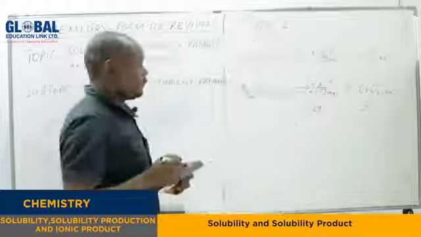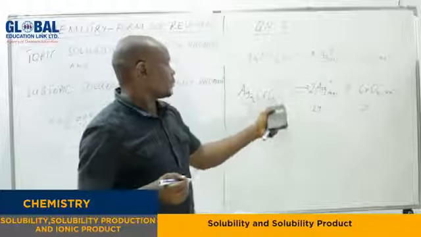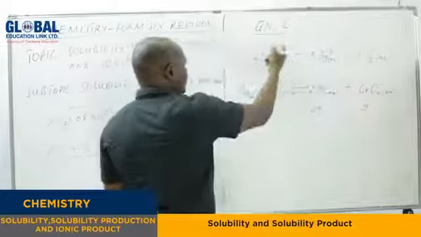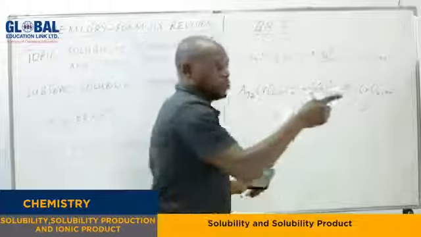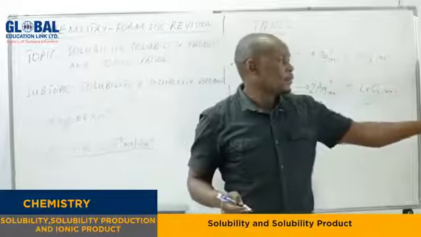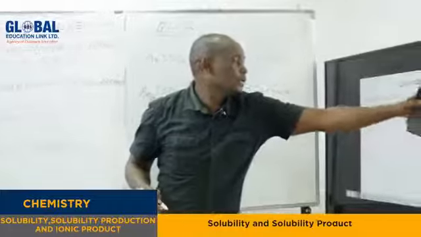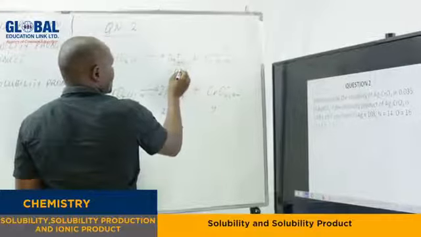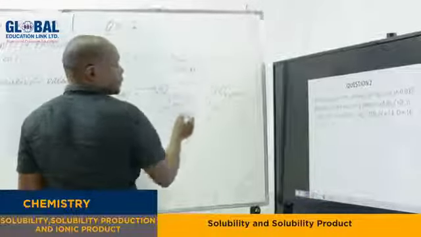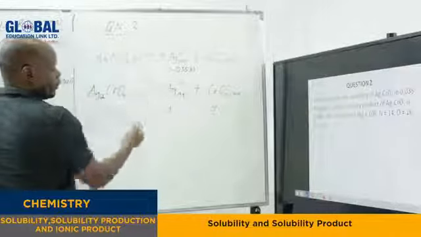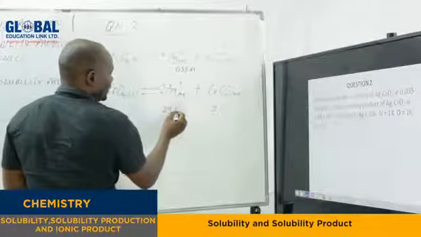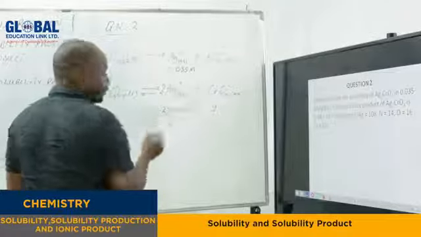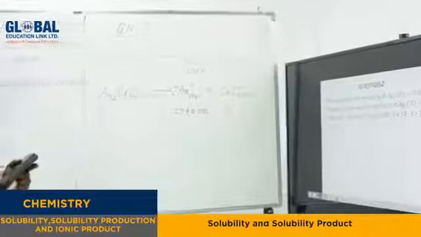Y. If we rate now the solubility of silver chromate in silver nitrate, silver nitrate here also releases silver, and the concentration of silver, we have been told in the question, is 0.035 molar. So this is the common ion, therefore this will be adding 0.035 to the concentration of silver ions.